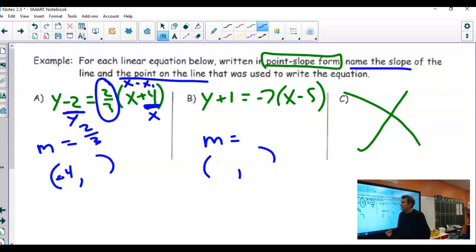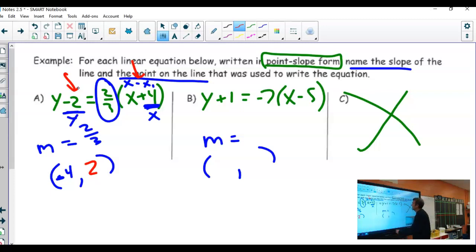And because it was -4, it turned to +4 because it was minus -4. The x value was -4. And the y value was +2. This was a +2 when I plugged it into the formula. Do you get that?